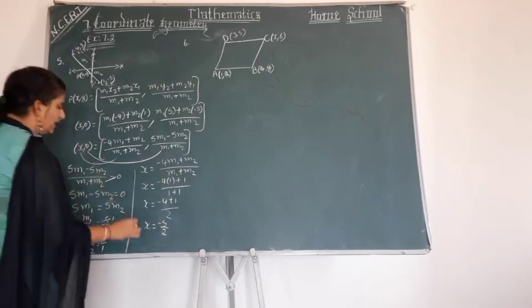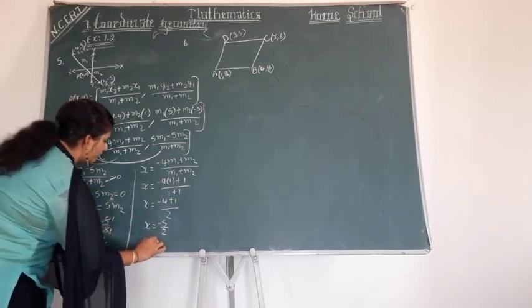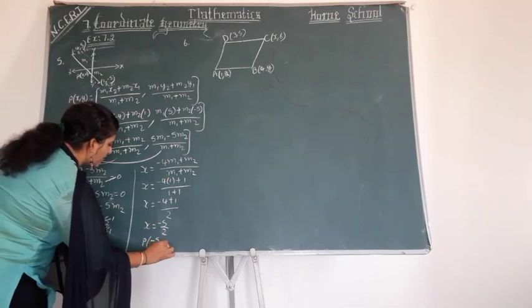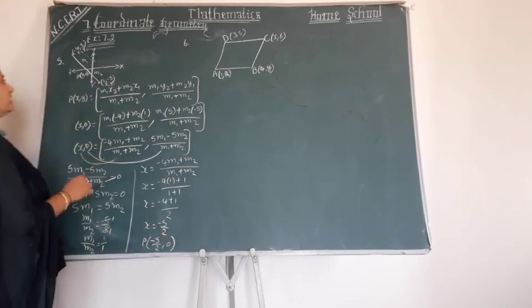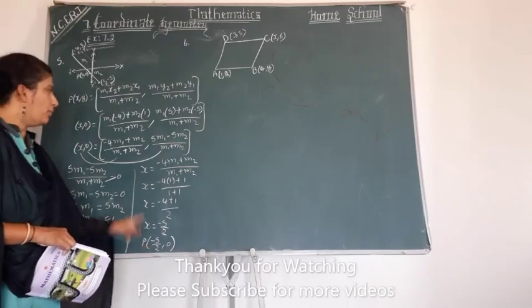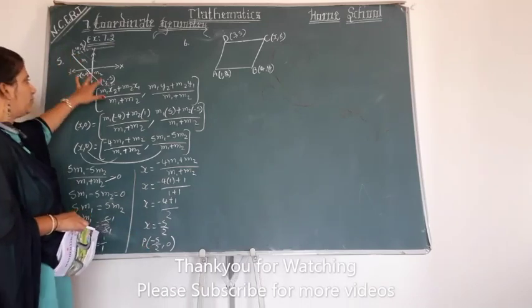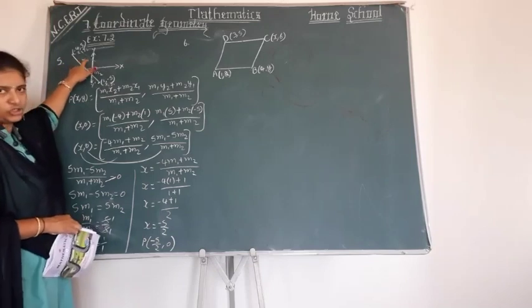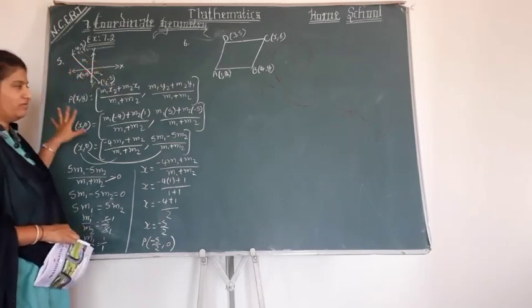So finally, what is the coordinate of P? It will be minus 3 by 2 comma 0. This is the point where the line segment is dividing in the ratio 1 is to 1. With this we are going to close.